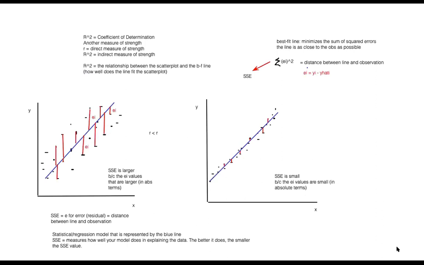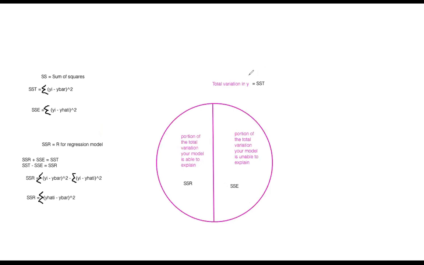Given that you have a certain total, you can have that SSE portion be smaller. If you make SSE smaller, that means you are moving the line to the right, and that'll give you an SSR value that is bigger.